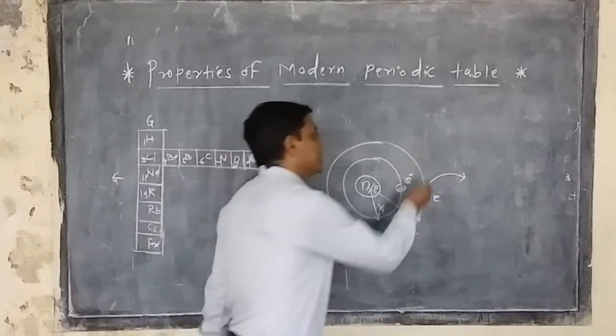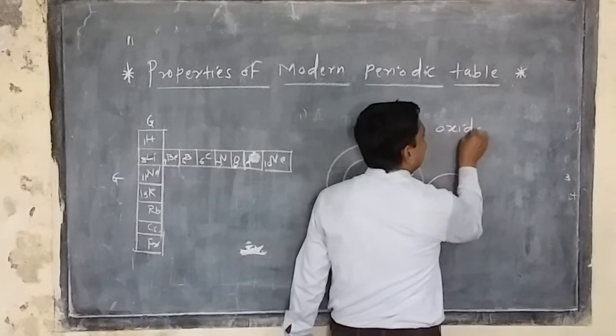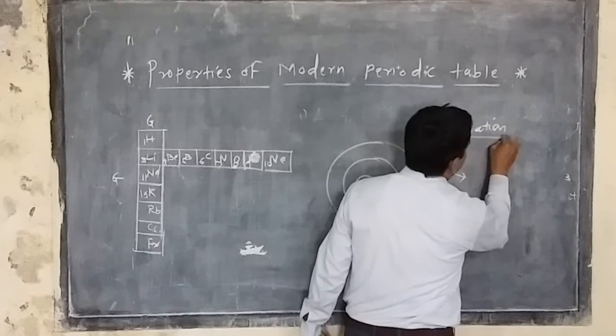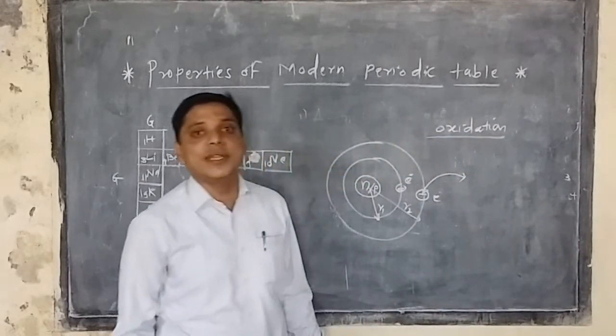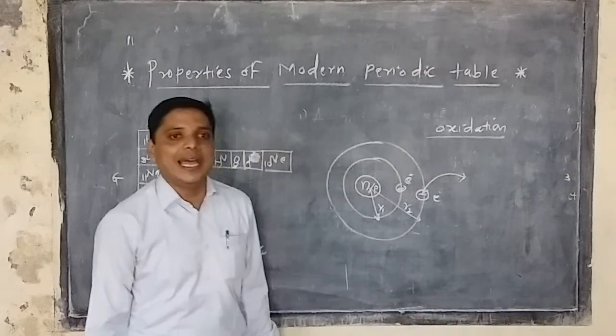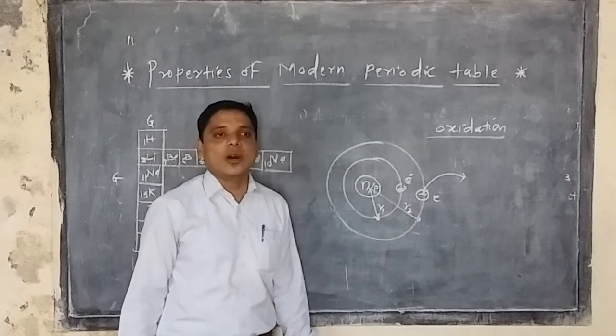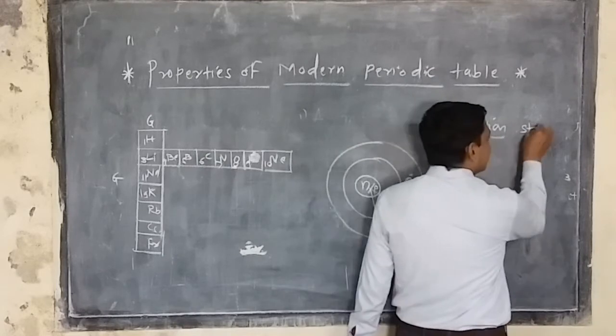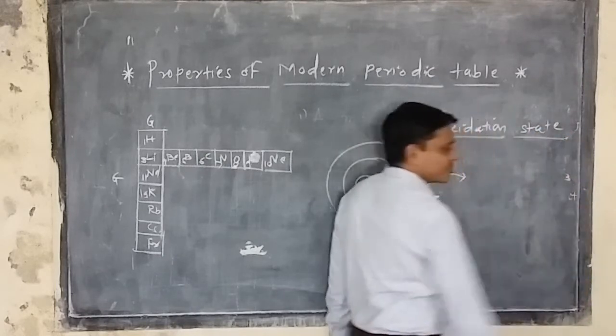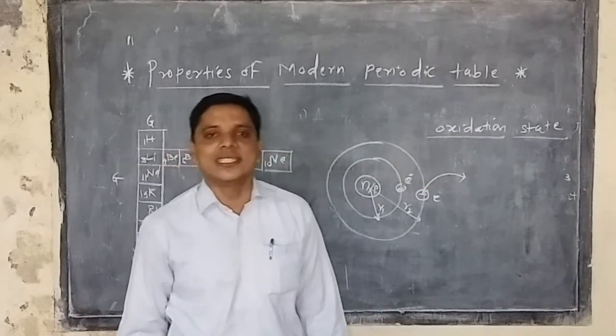Then the next property belongs to the oxidation state. The oxidation state is the numerical or algebraic charge which is carried by an atom or an element. Oxidation state and valency are related to each other. In case of valency, there is no charge.